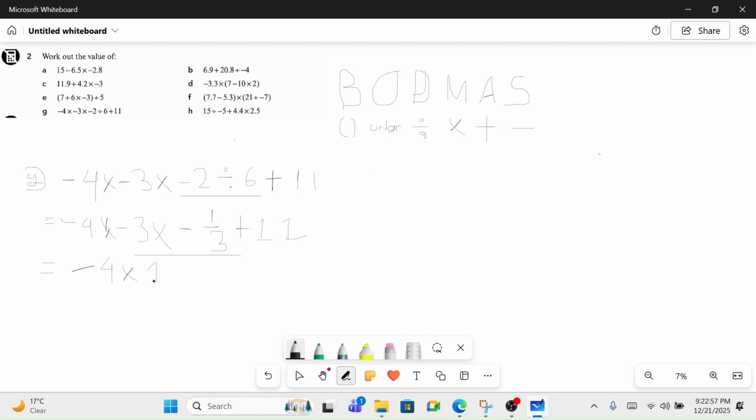Yeah, positive 1 plus 11. Now here's minus 4 times 1, it should be minus 4 plus 11. And minus 4 plus 11 is basically 7, so this is our answer for question number G.